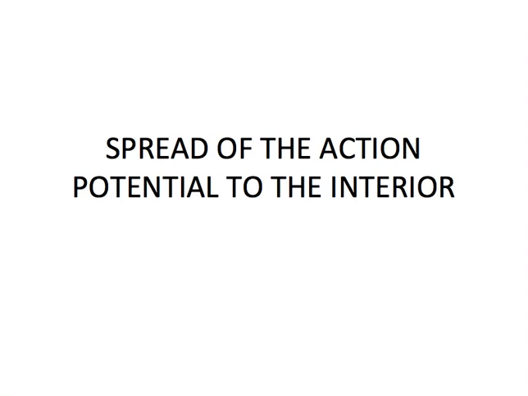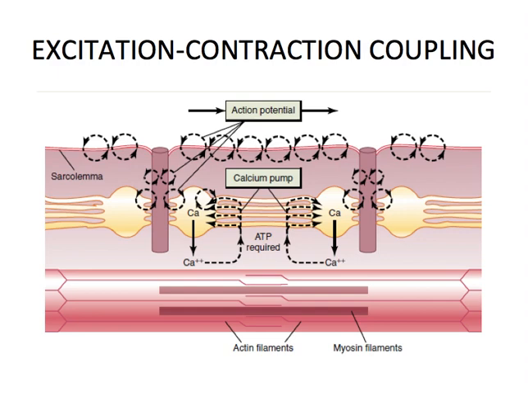When the T tubule receives the action potentials, there is a release of the calcium ions inside the muscle fiber cells, and these calcium ions cause contraction. This overall process is called excitation contraction coupling.